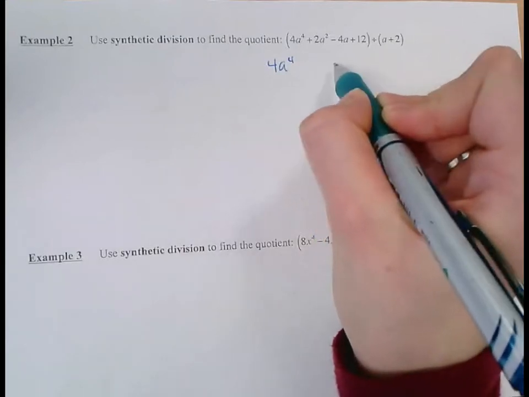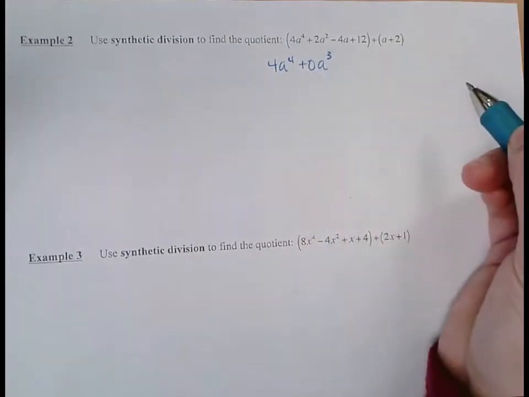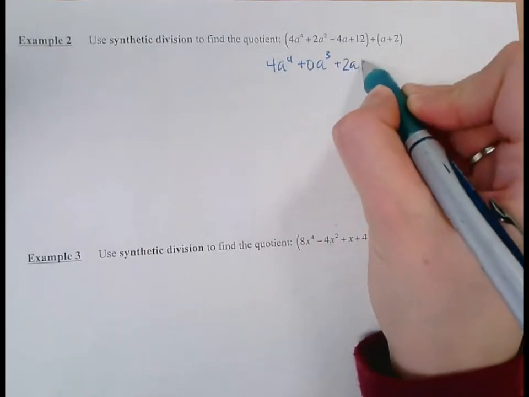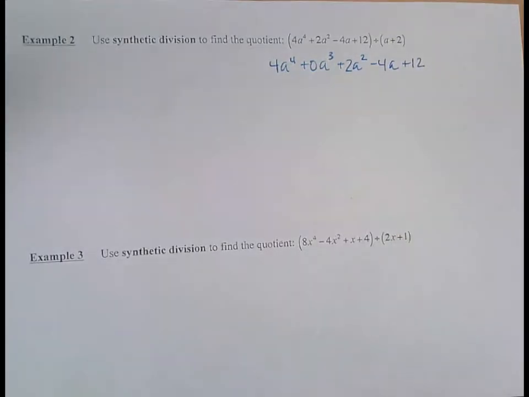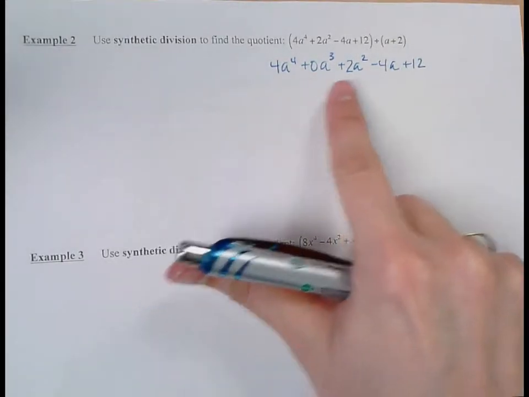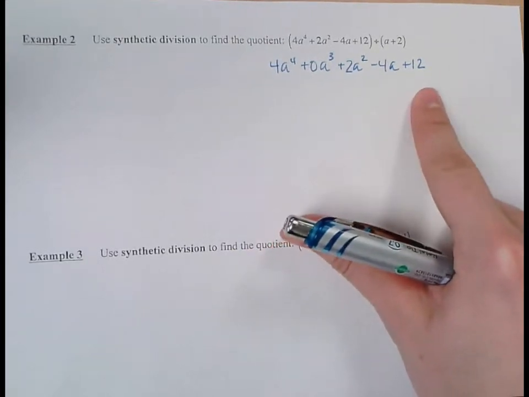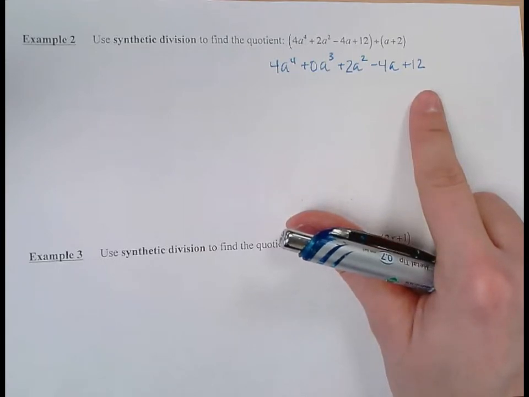Since I don't have an a to the 3rd term, I'm going to write plus 0a to the 3rd, and then fill in the rest that I do have, plus 2a squared minus 4a plus 12. So you always have to have every single power in descending order, and you also always have to have a constant. If there wasn't a constant, I would have to put a 0 there as well.